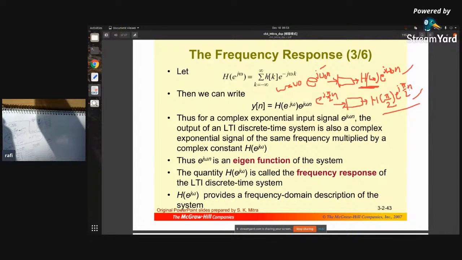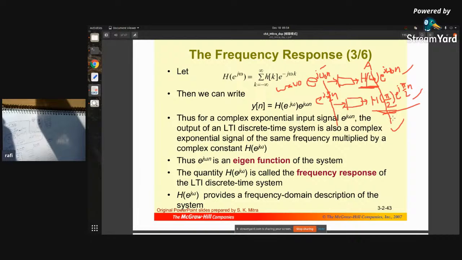For each and every frequency this value will change. For omega naught you will get some constant; when omega is equal to pi by 2, you will get another constant; for omega equal to pi by 6, another constant, and so on. As the frequency of the input changes, omega naught, pi by 2, pi by 3 and so on, the scaling factor of the output will change. This scaling factor depends on the input frequency.